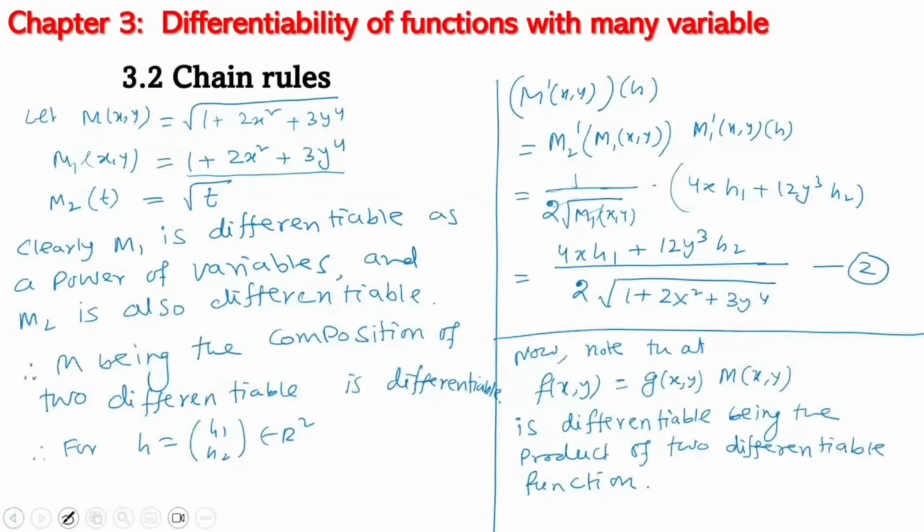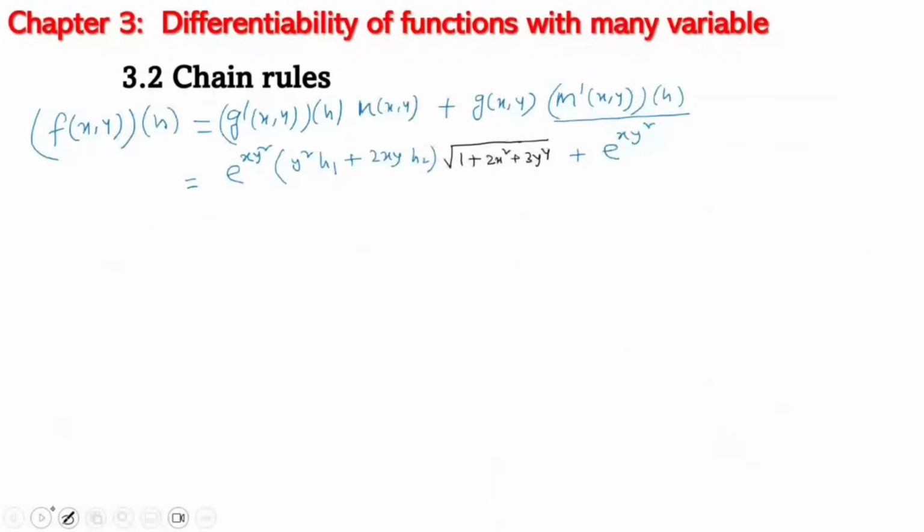So this m'(x,y)h is 4x h1 plus 12y to the power 3 h2 over square root of 1 plus 2x square plus 3y to the power 4.